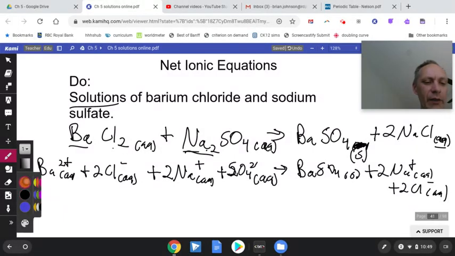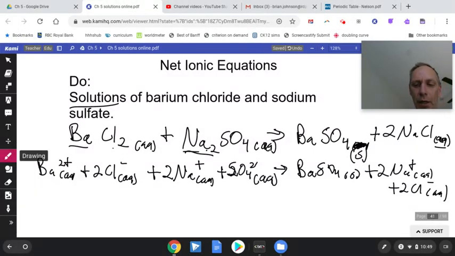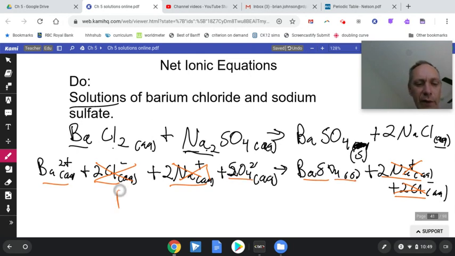Get out my canceling pen. Okay, barium 2+ is different. 2Cl-, 2Cl-, they're gone. Same. 2Na+ aqueous, they're gone. And sulfate is different because here it's a solid. Okay, that's it.